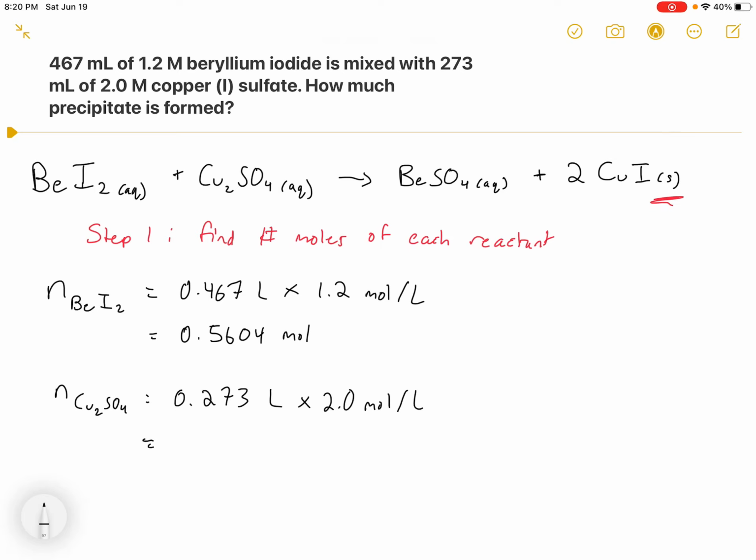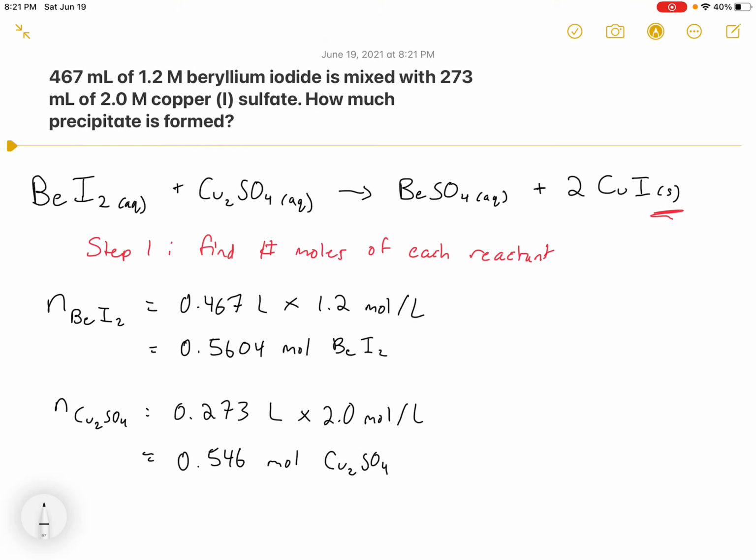And let's see what that's going to equal. 0.273 times 2, 0.546 moles of the copper 1 sulfate. Now those are really, really close, but again, for the sake of this problem, we can't just assume that we know which one is limiting. We have to prove which one is limiting by performing the stoichiometry.